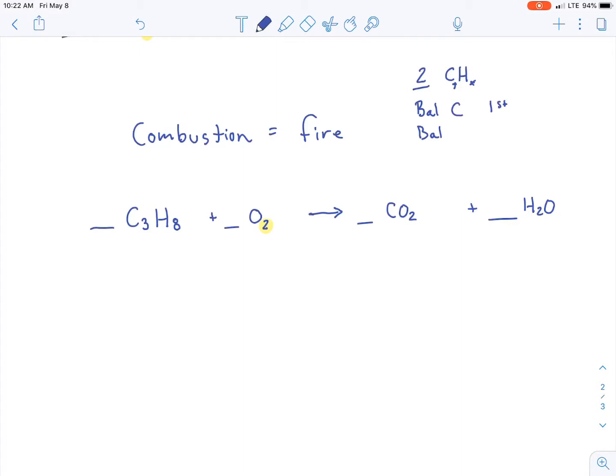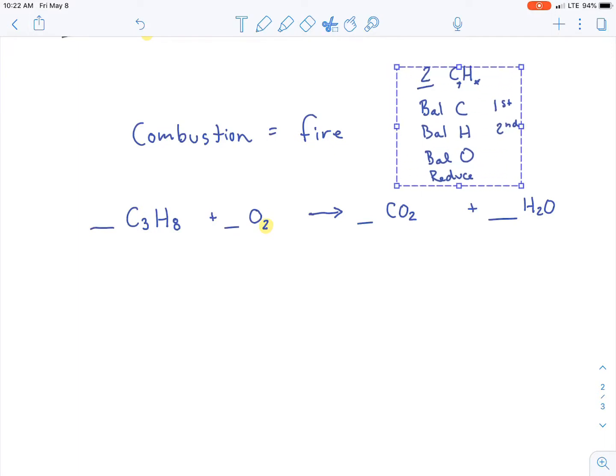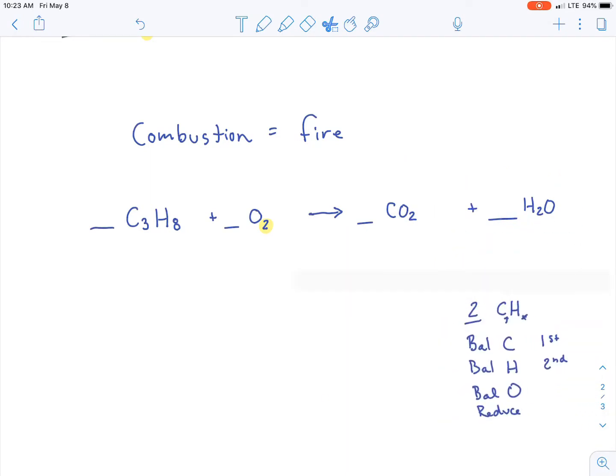Balance the H's second. And then save those O's to the end. And then if you have to, reduce it. It adds an extra step in there, I know that, but it saves you if it has to come all the way around. All right. So that's what I do.